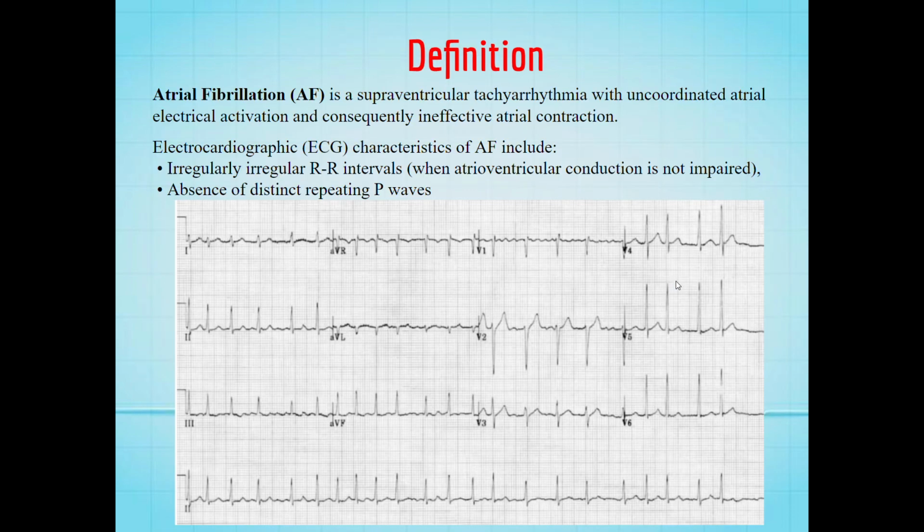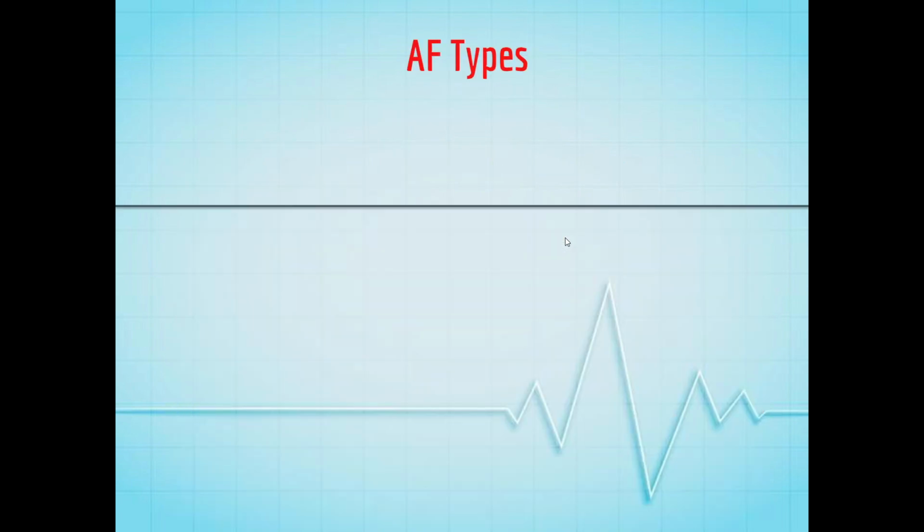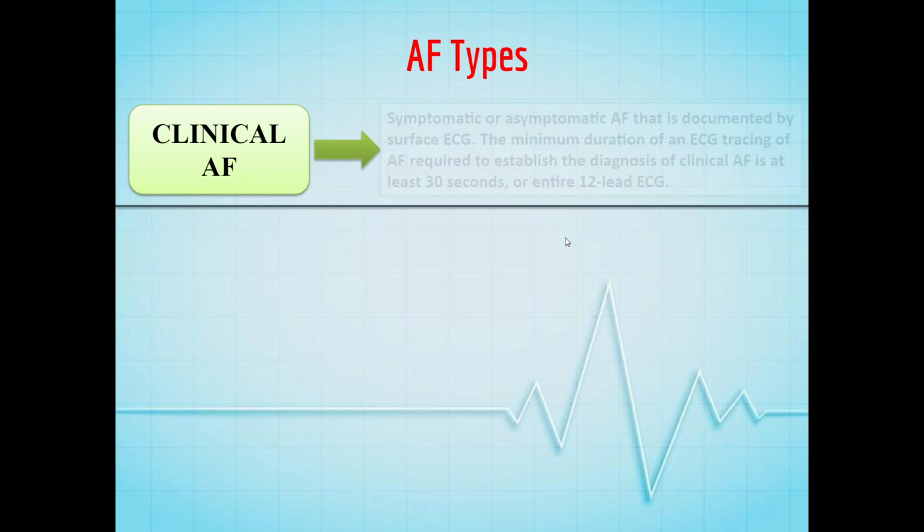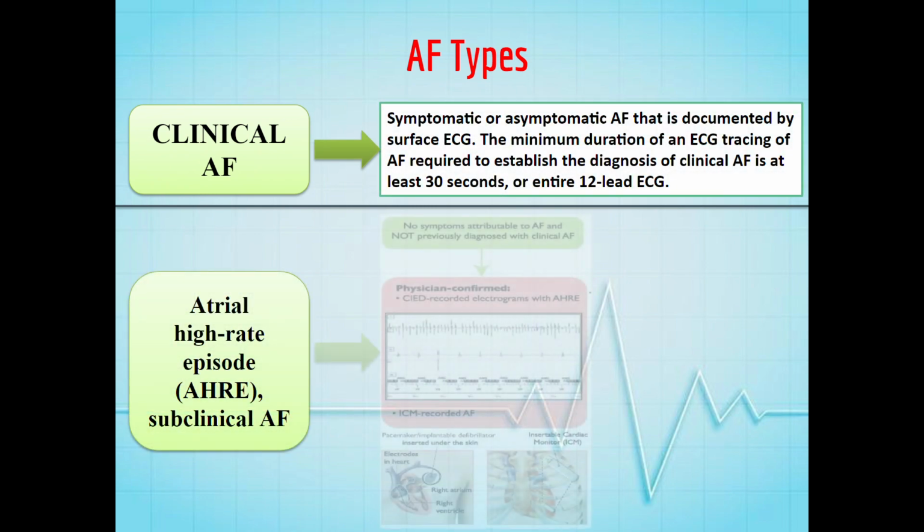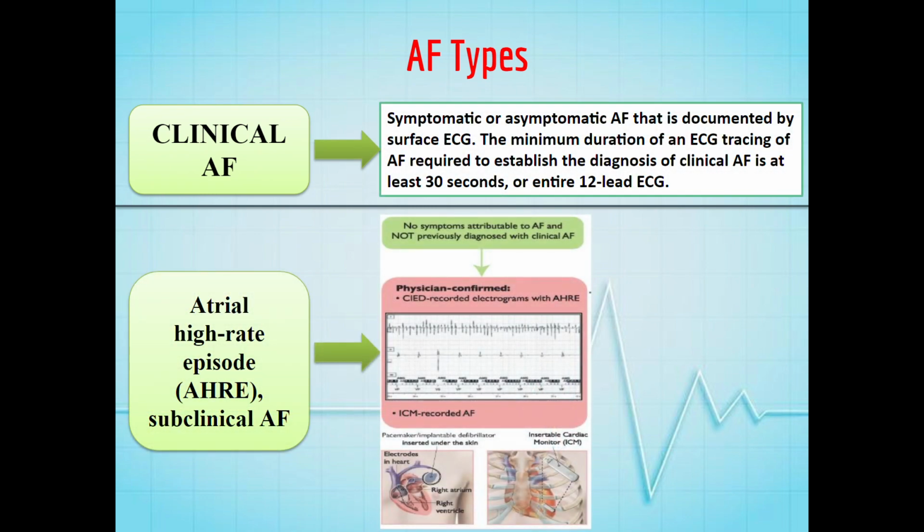The diagnosis of atrial fibrillation requires heart rhythm documentation with a standard 12-lead ECG recording or a single lead ECG tracing of at least 30 seconds, showing irregular R-R intervals with absence of distinct repeating P waves. There are two terms of atrial fibrillation currently used: clinical atrial fibrillation and subclinical atrial fibrillation.